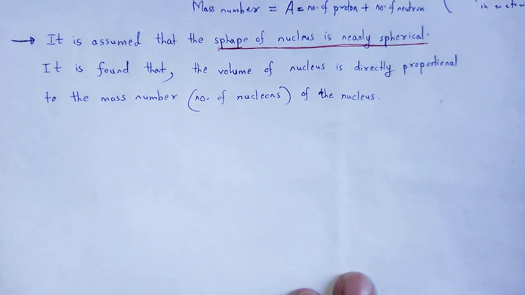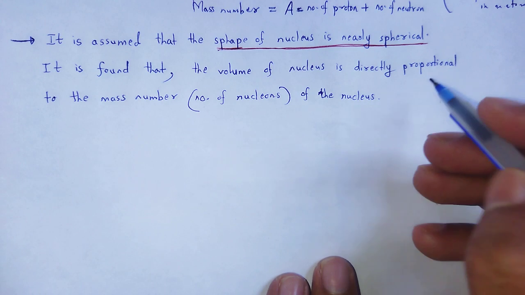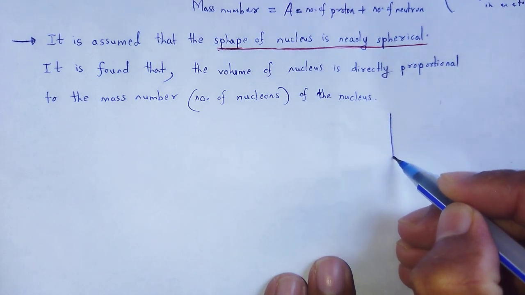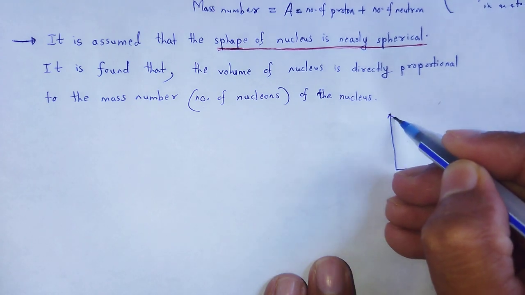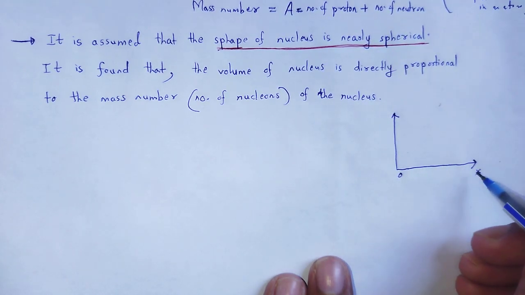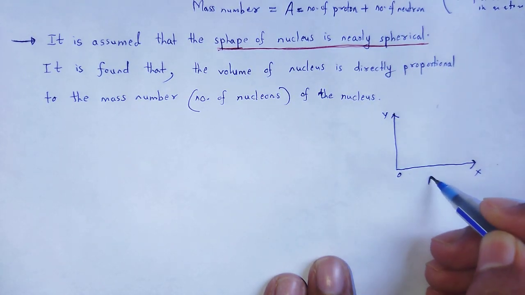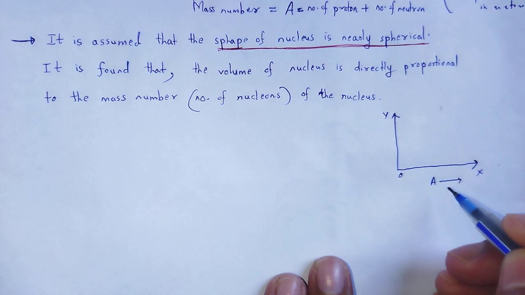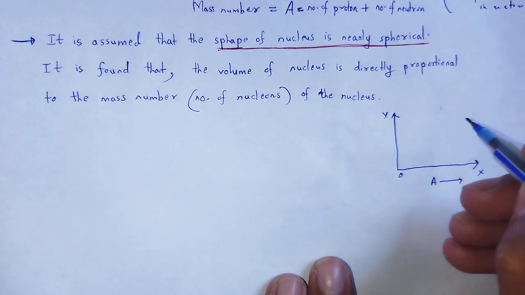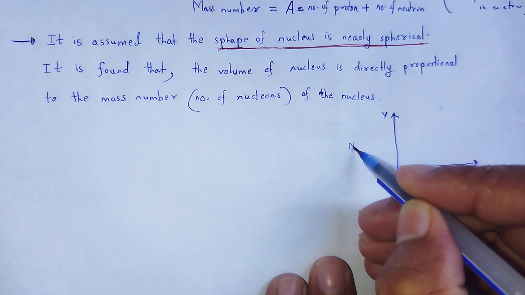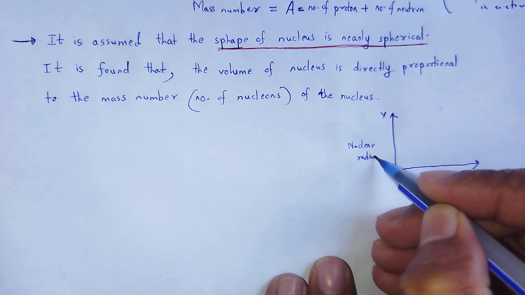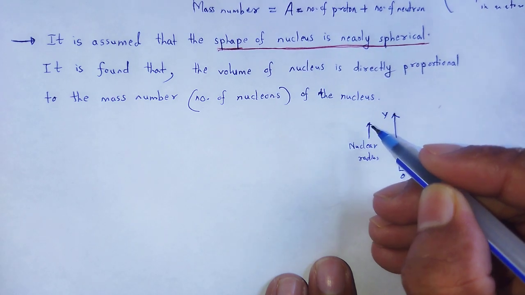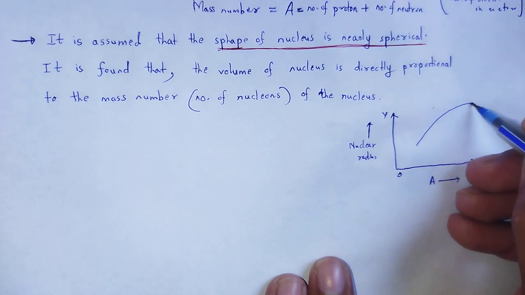If we plot a graph between atomic number and nuclear radius, we get a graph like this.